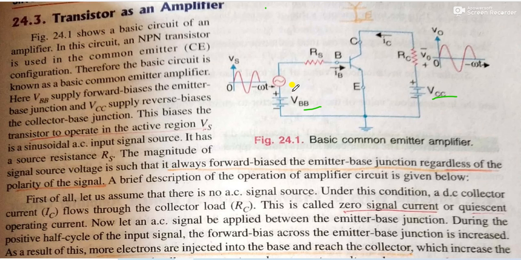The input signal may be from a phonograph, a tape head, or a transducer such as a thermocouple, pressure gauge, etc. The output signal may be given to a system like a loudspeaker in an audio amplifier, a motor in a servo amplifier, or a relay in control applications, etc.